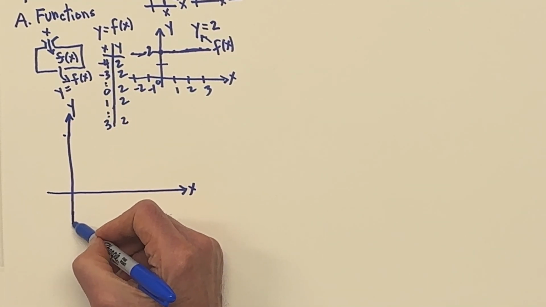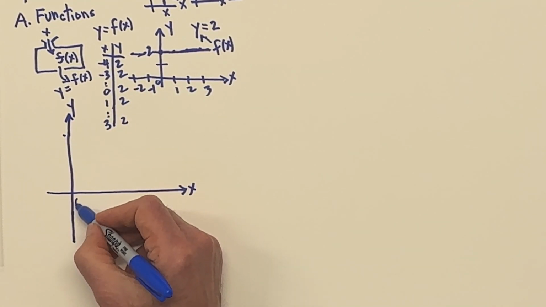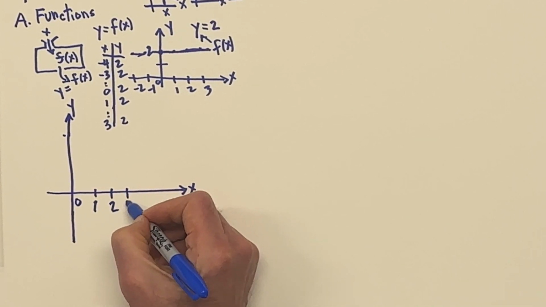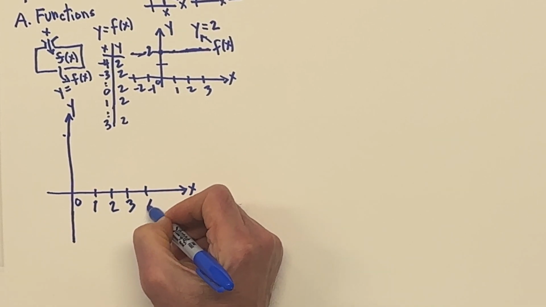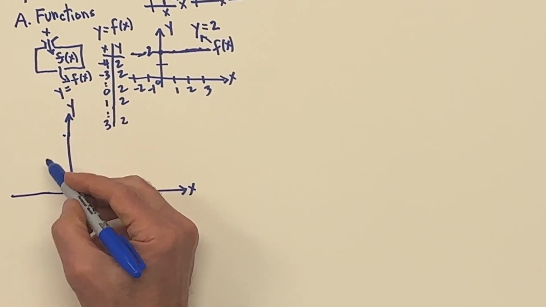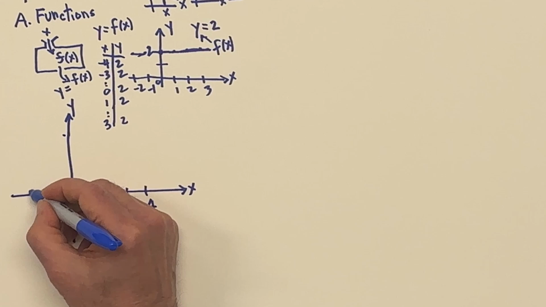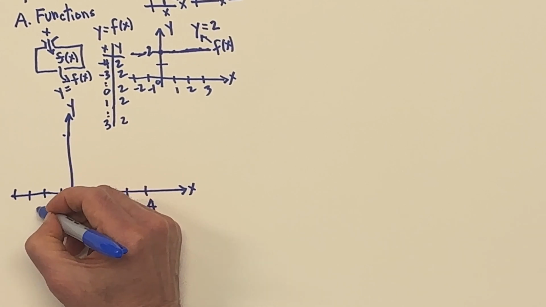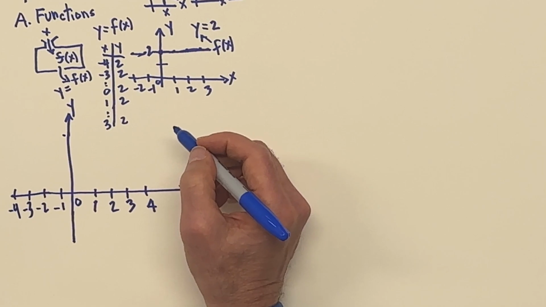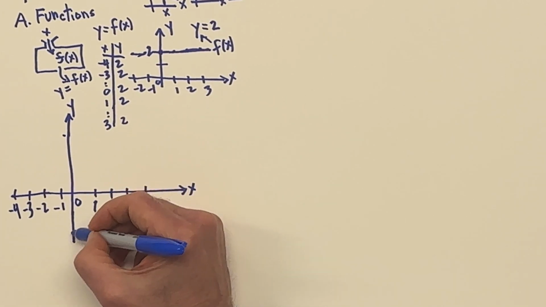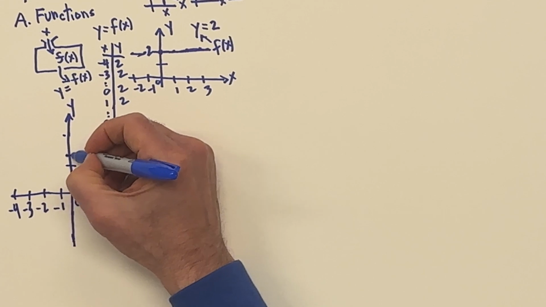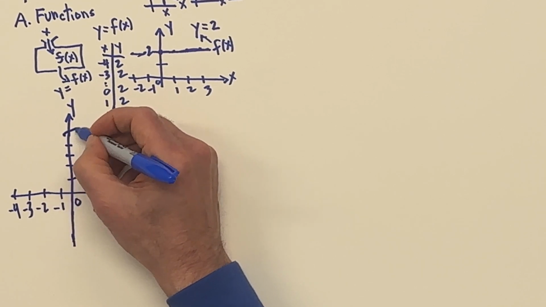And let's go ahead and say we have 0, 1, 2, 3, and a 4. And let's go in the negative direction: 1, 2, 3, 4. So -1, -2, -3, -4. And I have to label some of these. 1, 2, 3, 4, 5.